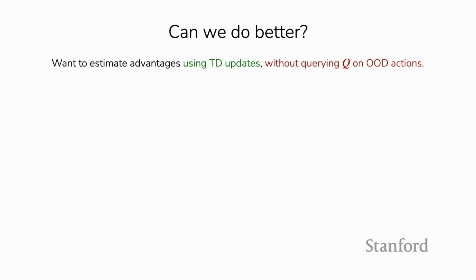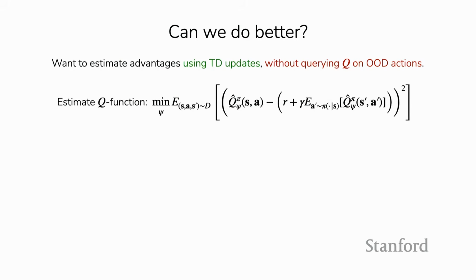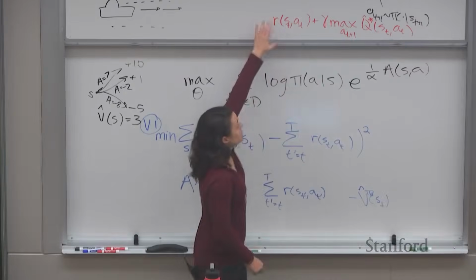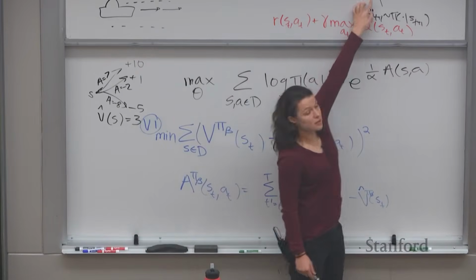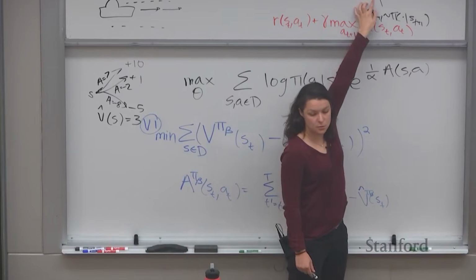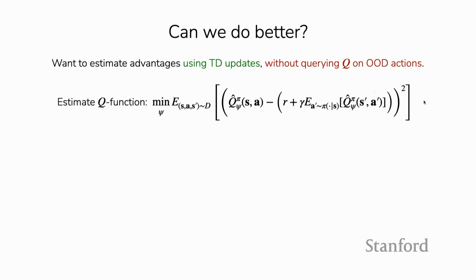Cool. Now, it'd be really nice to be able to not just use Monte Carlo and be able to use TD updates or use bootstrapped updates without having to query Q on out of distribution actions. And the issue that we saw with our previous objective right here was we were querying the Q function on out of distribution actions right here.